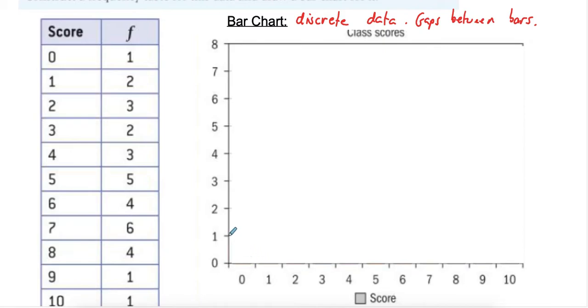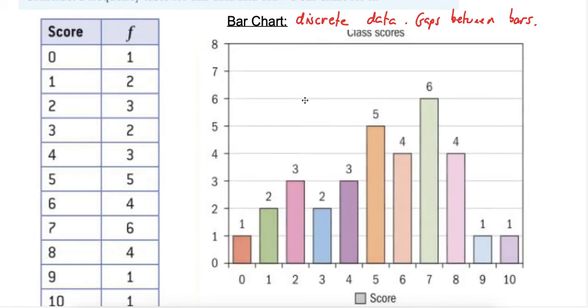So for example, we had one person with 0 and we had 2 people with a score of 1. Okay, so people start drawing like this. Well, there's a problem here. You've got no gap. So instead, we draw it like this.